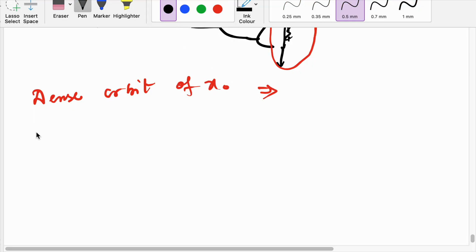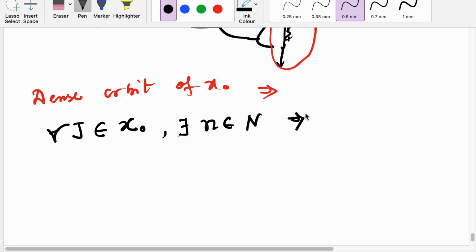This means for all intervals J which contain this point x0, there exists an n which belongs to the natural numbers such that f^n(x0) also belongs to this J. So this is wrong, I think.